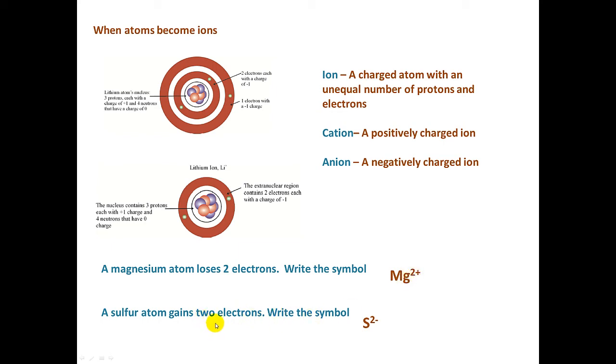If a sulfur atom gains 2 electrons, we're going to write the symbol for sulfur. And when an atom gains 1 or more electrons, it is negatively charged. So because sulfur gains 2 electrons, it has 2 more negative charges than positive charges. So we write that as sulfur 2 negative as a superscript. We'll talk more about ions later in class.